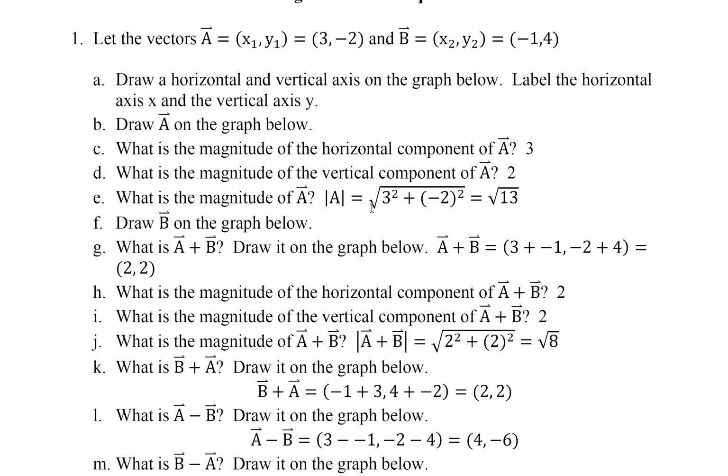Part H, what is the magnitude of the horizontal component of A plus B? Well, the horizontal component is going to be 2, and the magnitude of the vertical component is going to be 2. So if you want to find the solution for H, you got to look at G. And if you want to find the solution to I, we have to look at G. Part J, what is the magnitude of A plus B? That's the square root of what we get from part G. 2 squared plus 2 squared, which is root 8.